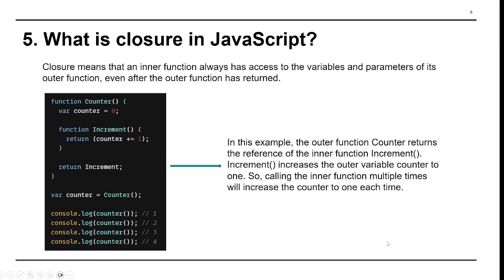And in this example, the outer function counter returns the reference of the inner function increment, and increment increases the outer variable counter by 1. So calling the inner function multiple times will increase the counter by 1 each time.